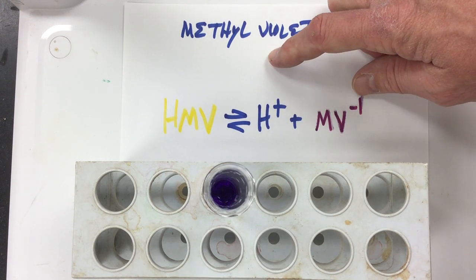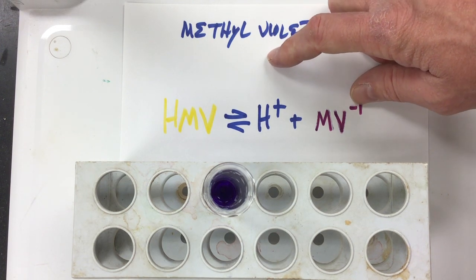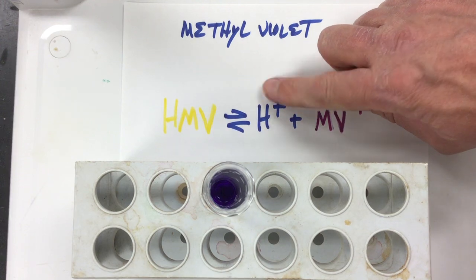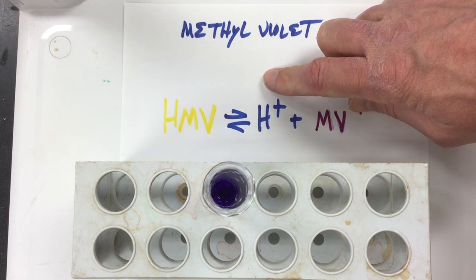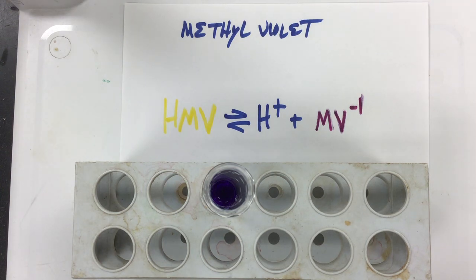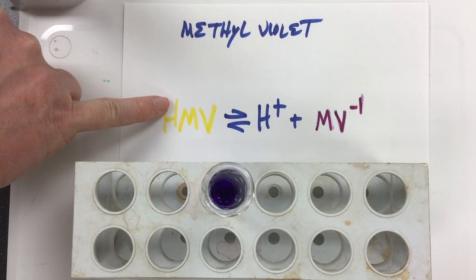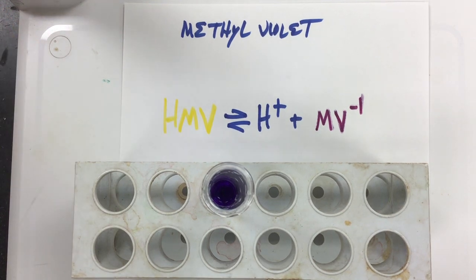Le Chatelier's principle says that equilibria resist change, or whatever you do, it's going to try to undo. So if you give it a bunch of H positive, it's going to try to get rid of all of that H positive. How does it get rid of the H positive? It gets rid of it by going to the side that the H positive is not on, which is this yellow side over here.